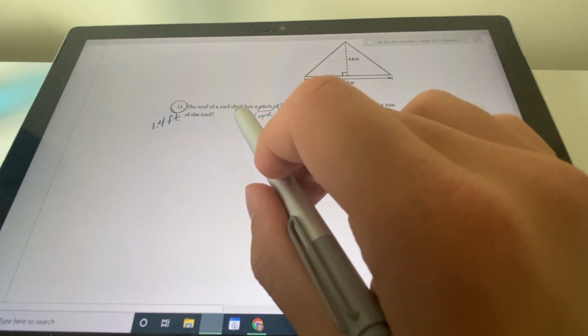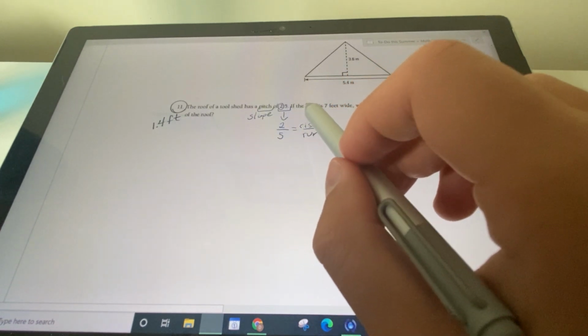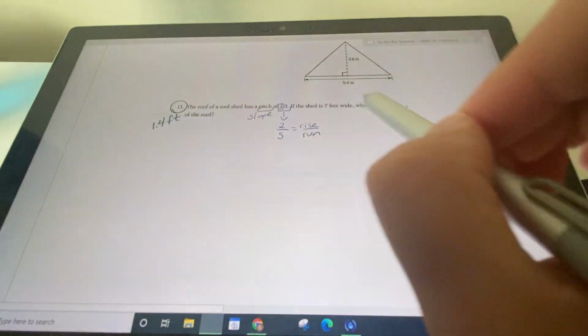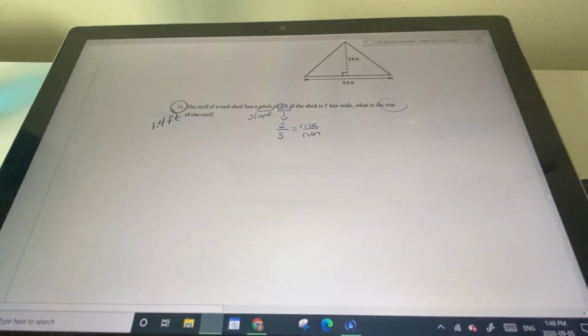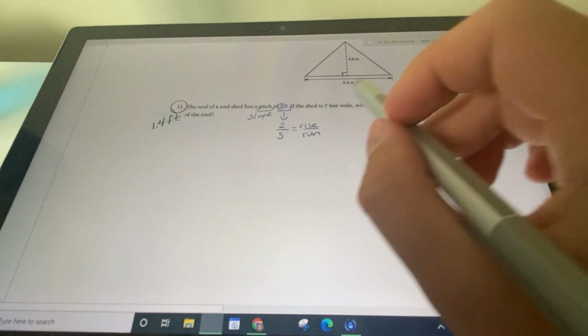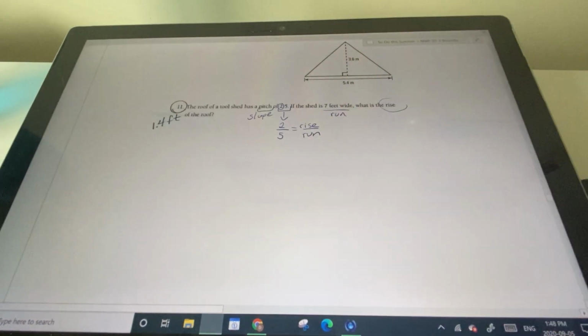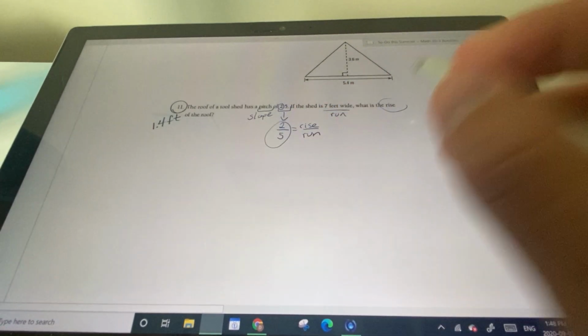So a roof of a tool shed has a pitch of 2 to 5. If the shed is 7 feet wide, what is the rise of the roof? So now we have a ratio, we can solve and do cross multiplication and division. So this guy, 7 feet wide, that's your run. And how many feet do we need for the rise? Well, we need to follow this ratio.